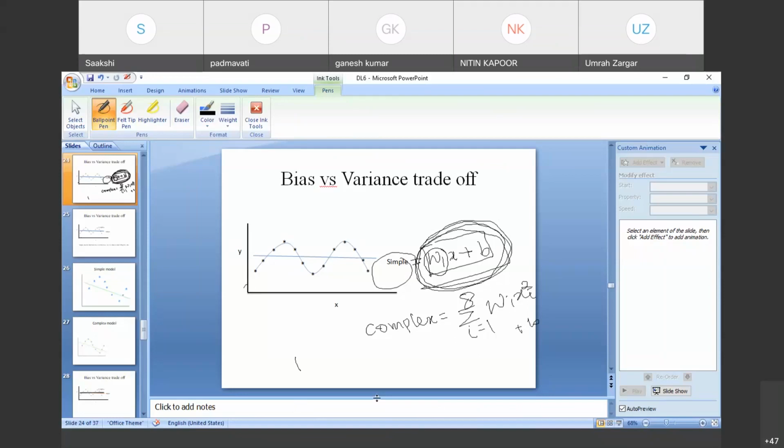How many parameters am I trying to consider? Here, I'm considering only one parameter, correct? But in this particular example, the one which I have referred to as the complex model, I'm going to consider this many parameters.